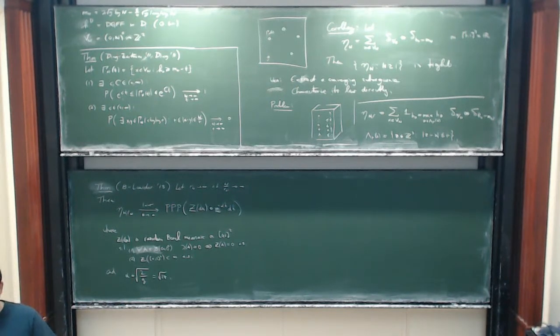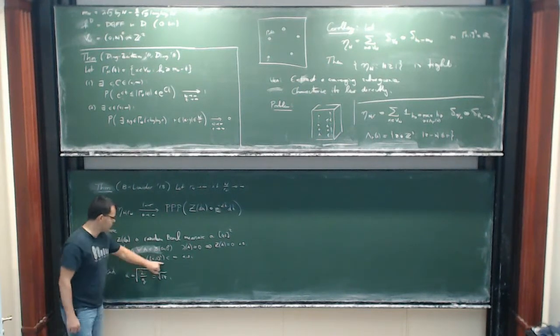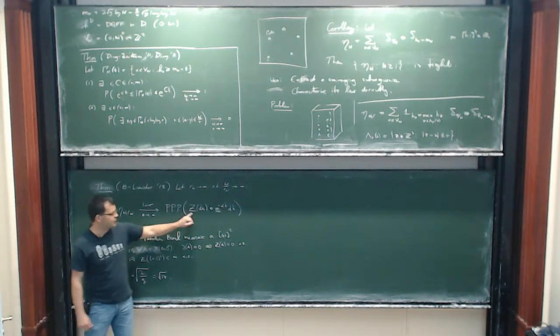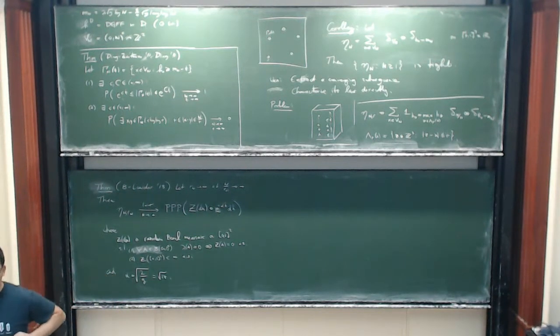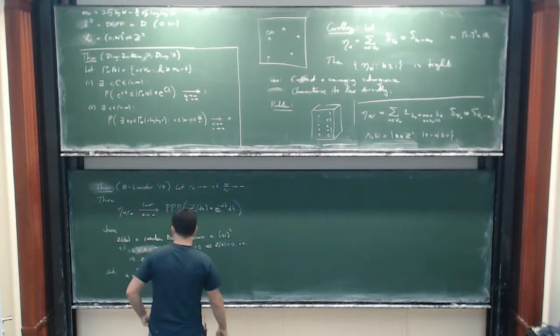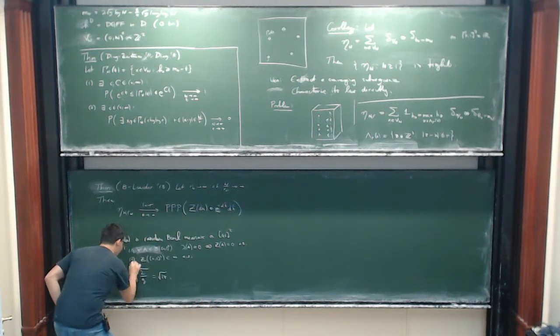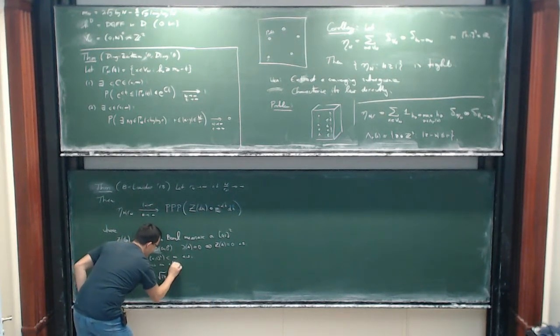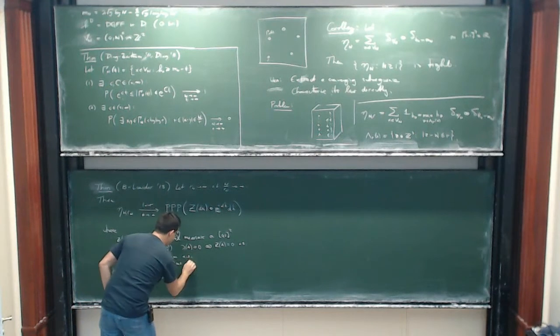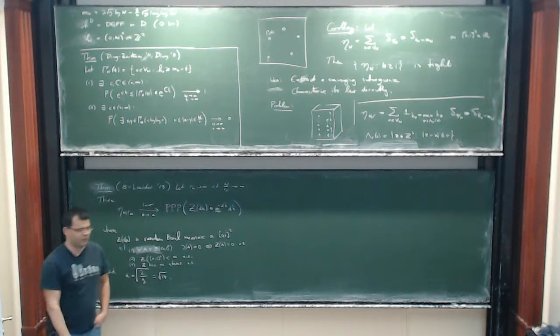So this measure puts all of the mass inside the square, and it has only a finite mass, which means that this is a locally finite process. Z has no atoms almost surely.